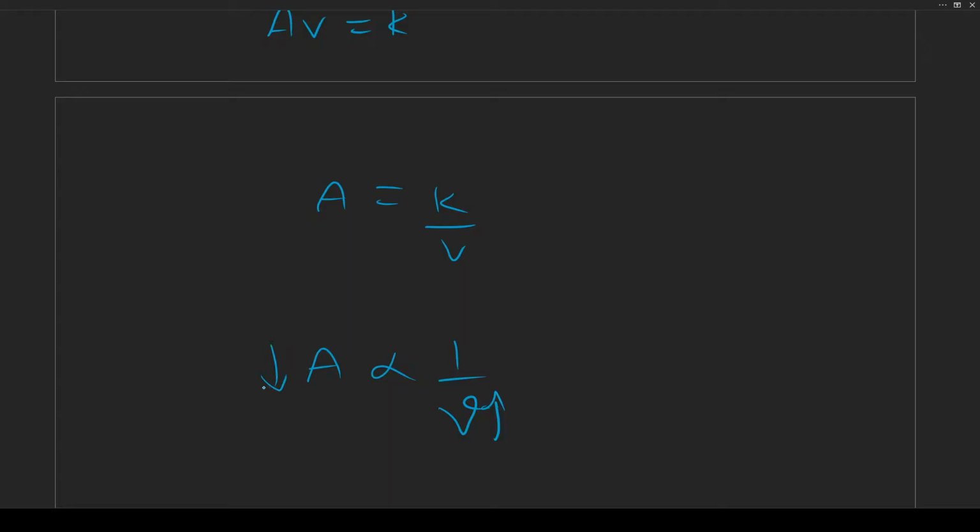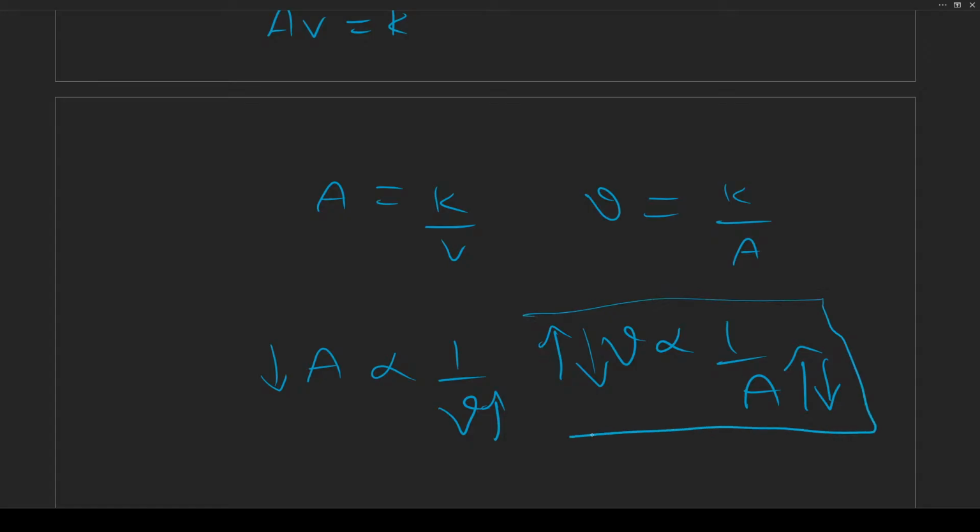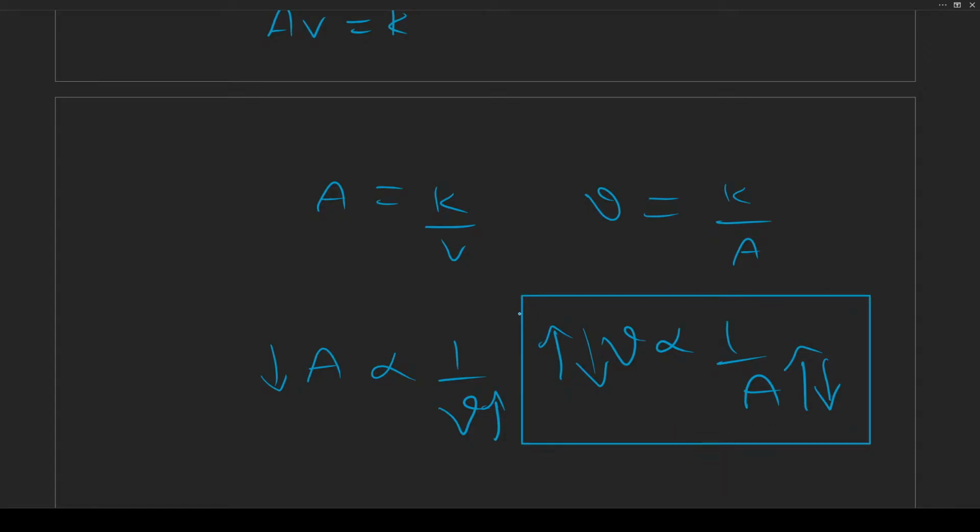Another way of saying it is velocity is K by A, so velocity is inversely proportional to area. As area increases, velocity decreases. As area decreases, velocity increases. For smaller areas, velocity is more. For larger areas, velocity is less, based on this relation.